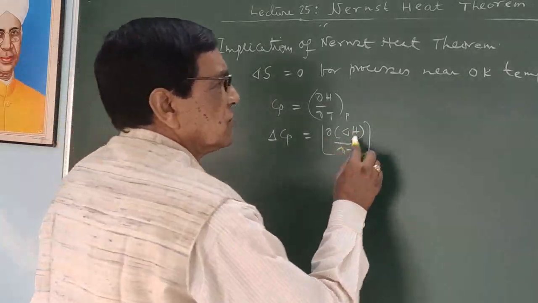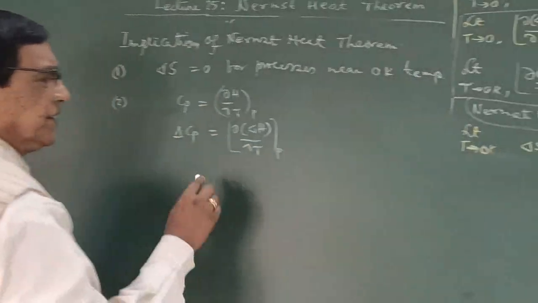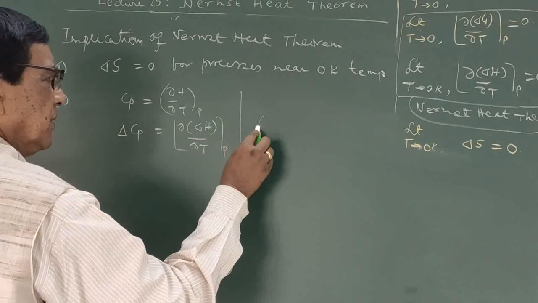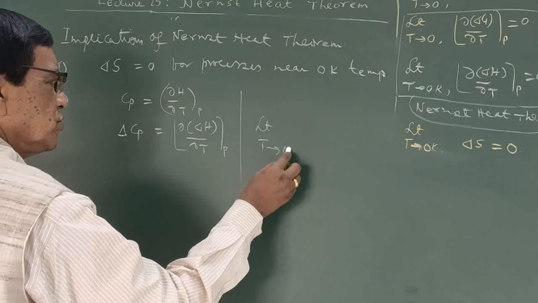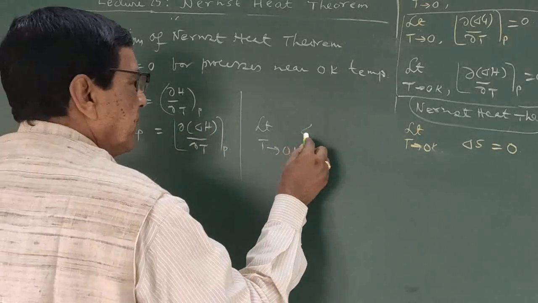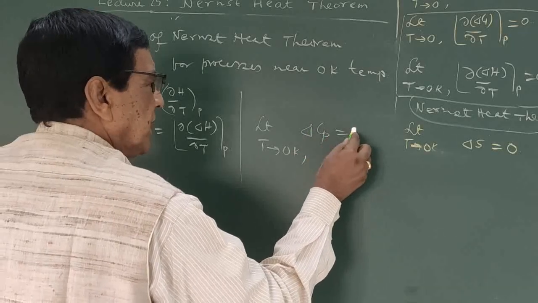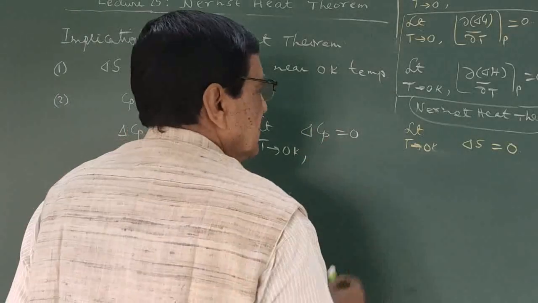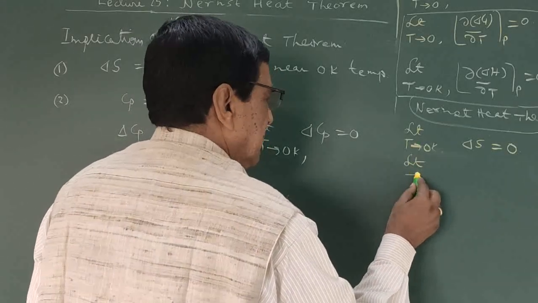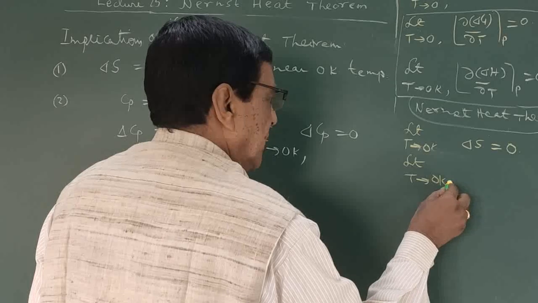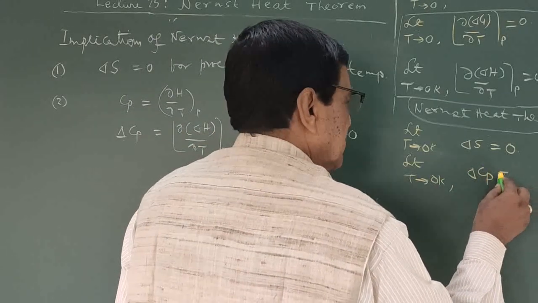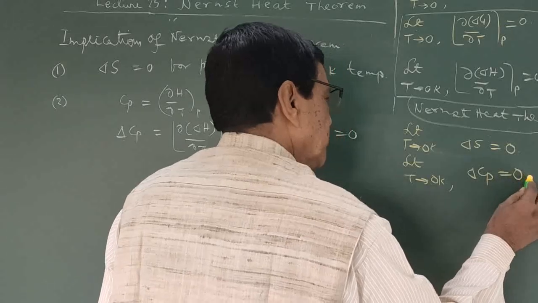But since this one equals 0 when T tends to 0 Kelvin, del Cp also equals 0. So this is another consequence: limit T tends to 0 Kelvin, del Cp is equal to 0.